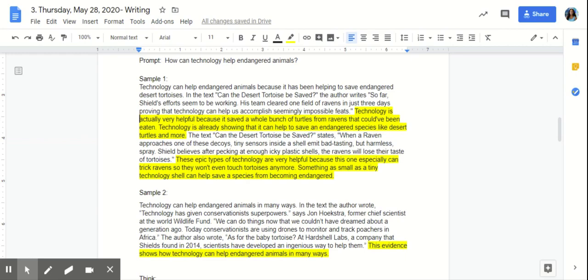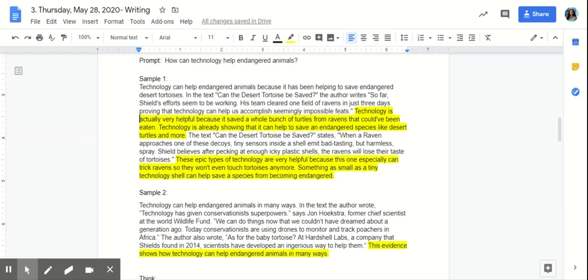If the ravens are pecking at the plastic shells, then they'll be most likely to lose their taste and leave the tortoises alone. Our analysis, these epic types of technology are very helpful because this one especially can trick ravens so they won't even touch tortoises anymore.